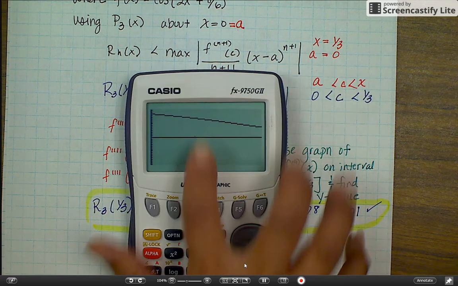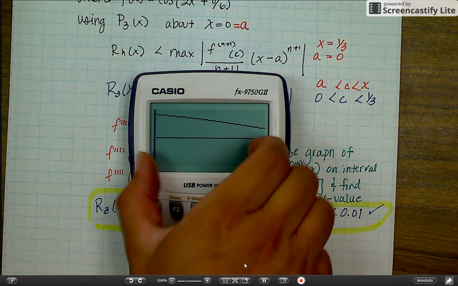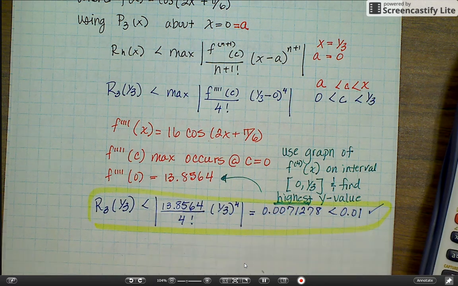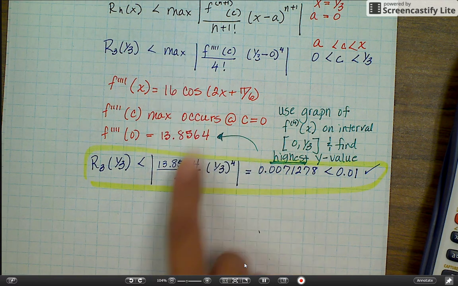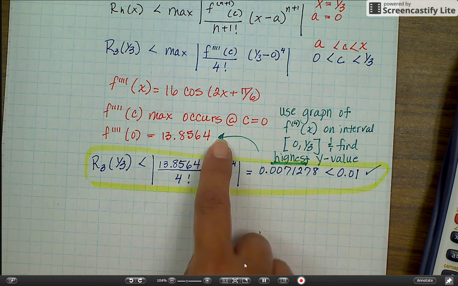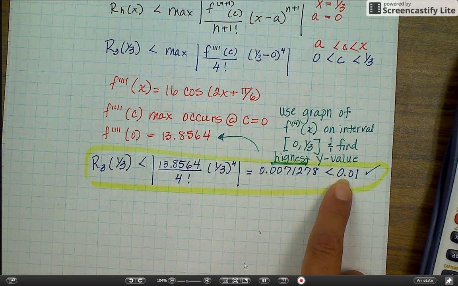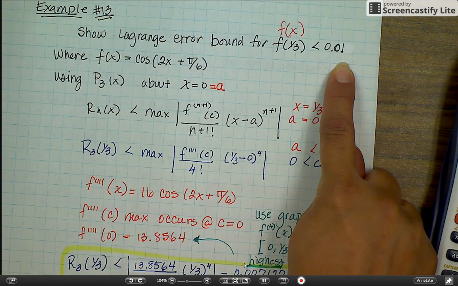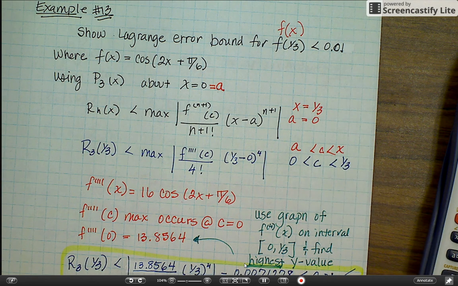It might be a point way up here, but it is the highest y value in this viewing window. Then you input all of that into your formula. Now I get rid of that max because this is the maximum. I input that and calculate it, and that does end up being less than 1/100. Okay, and that's how you do example 13.